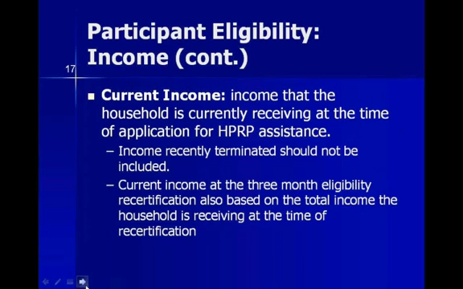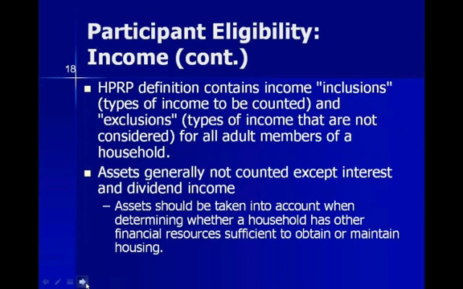And there's more additional information in the guidance document that was just updated that's posted on the HRE. So next slide. Another piece of determining income is we've listed, and again this is in the guidance document as well, several different inclusions, types of income to be counted, and exclusions, types of income that should not be considered for all adult members of a household.